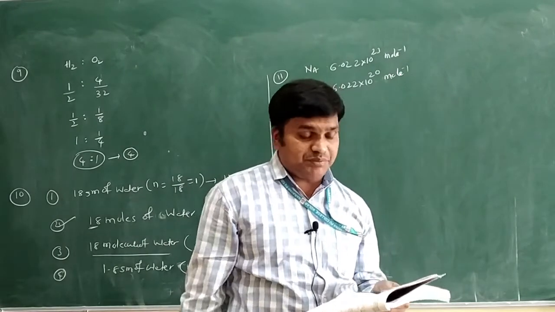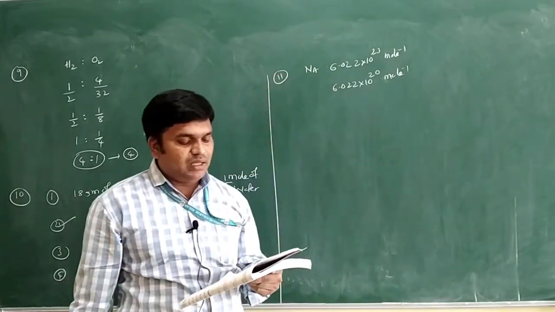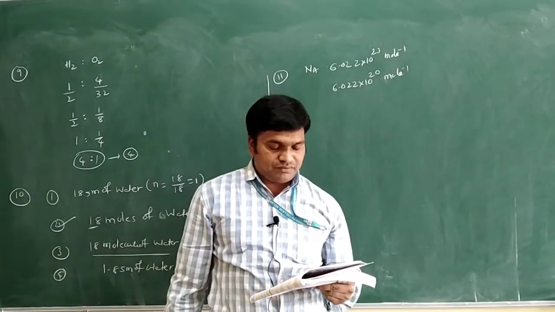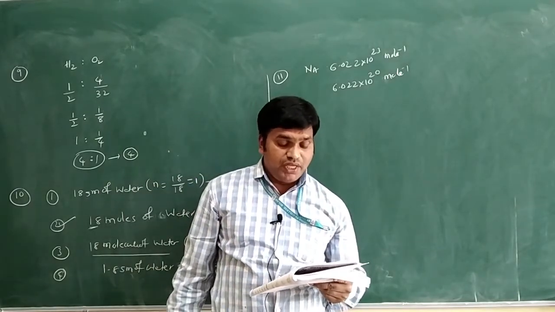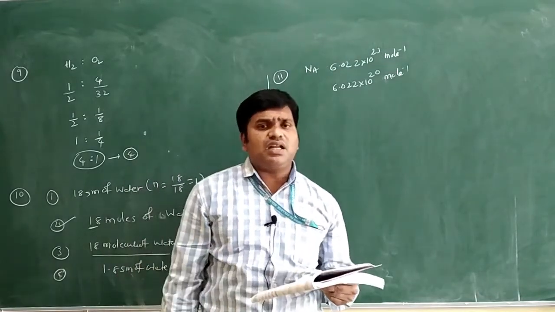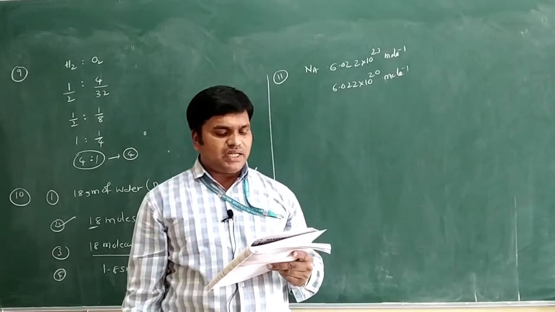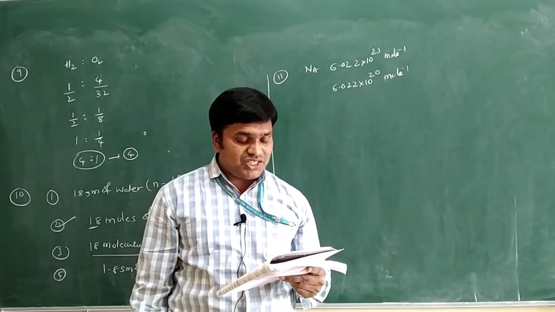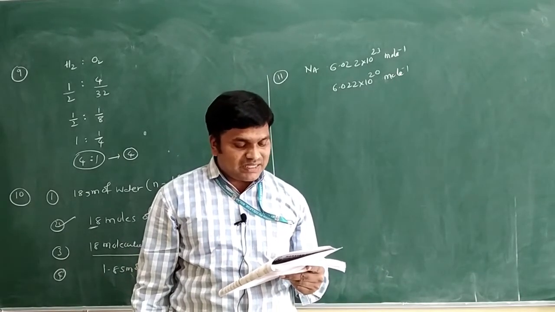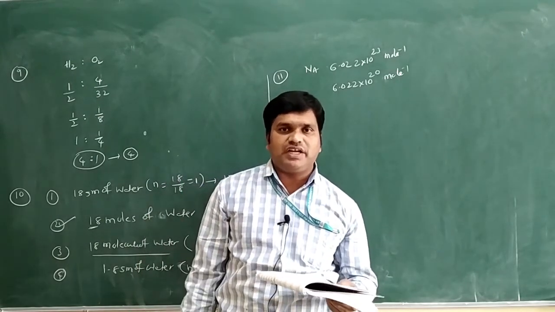For the first option, the ratio of chemical species to each other in a balanced chemical equation: this is not information related to the balanced chemical equation. The second one is the ratio of elements to each other in a compound. It is a fixed ratio, a definite proportion.